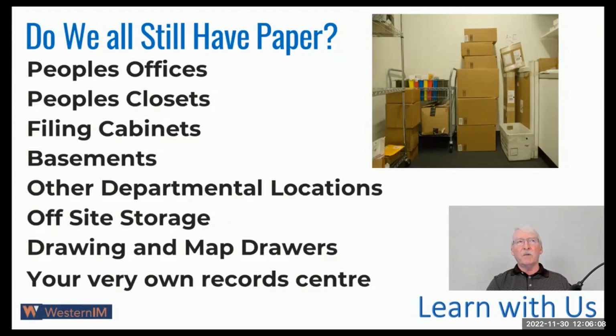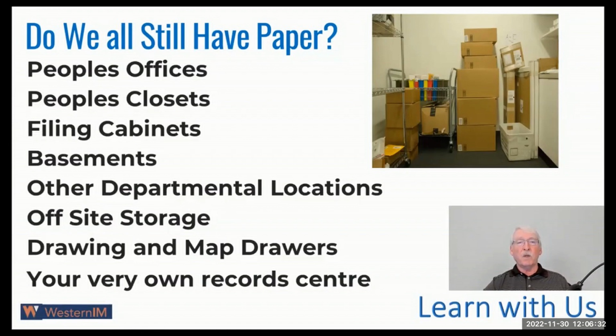A lot of it has been there for a while, and in some cases, or maybe in many cases, we don't really know if what we have informationally about that paper is actually correct or not. We may have metadata that describes it, but we may not have information about that metadata.